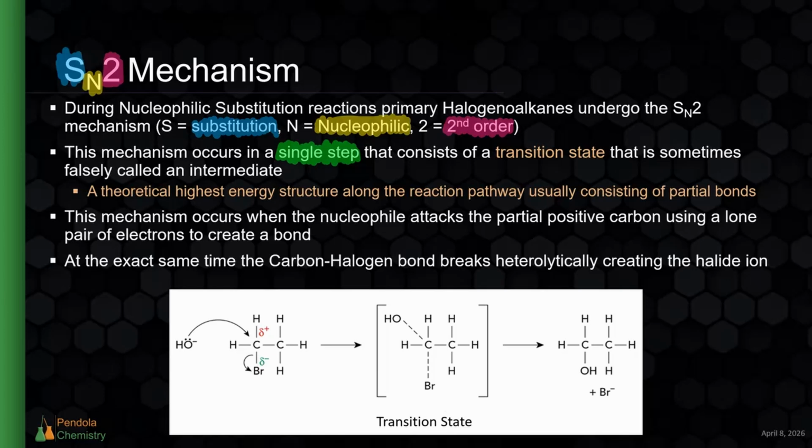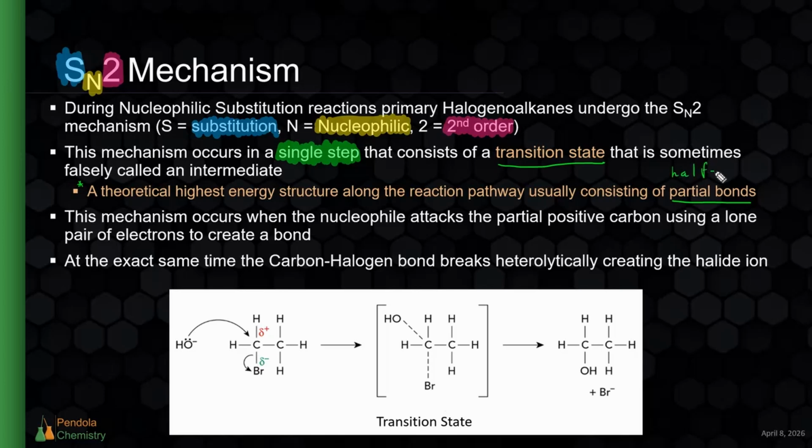state. Now, a transition state in chemistry, because this is a vocab word that's specific to mechanisms, is a theoretical highest energy structure along a mechanism or a reaction pathway that usually consists of partial bonds. Now, what are partial bonds? Partial bonds are half broken or half formed bonds.